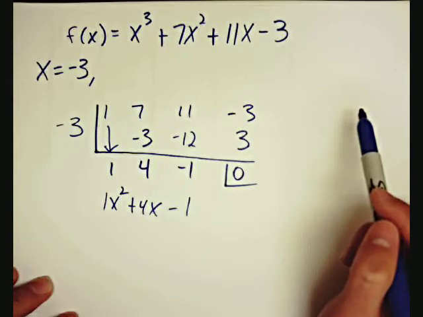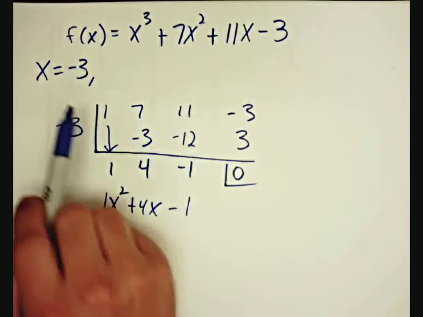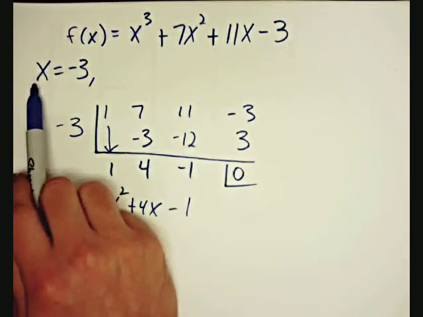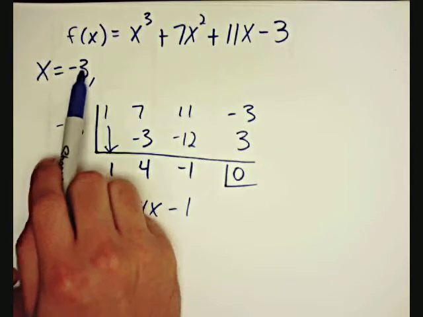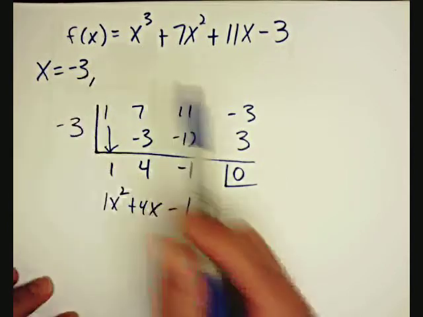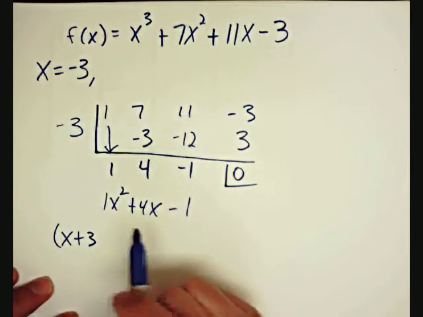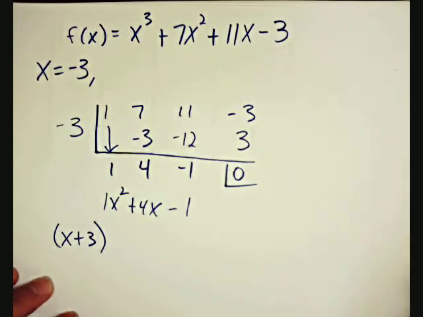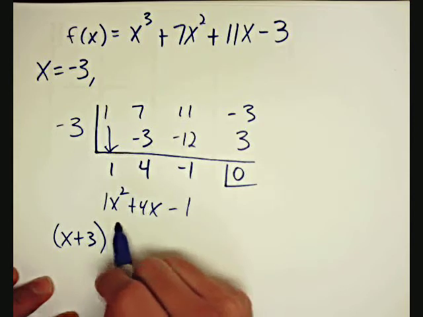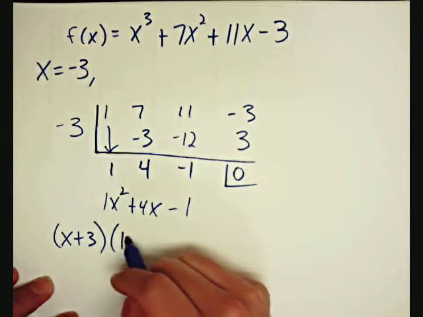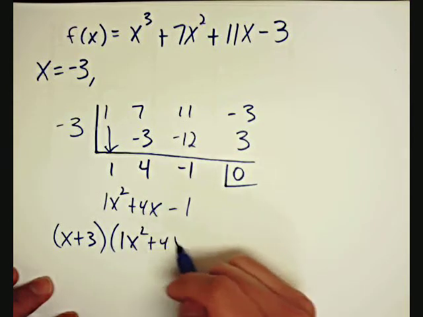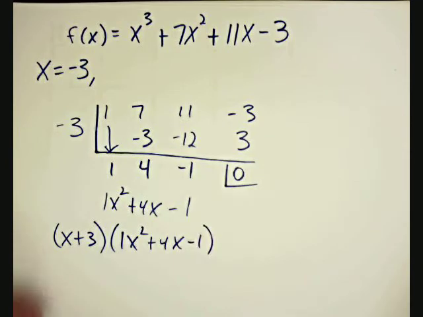So through synthetic division, what you have figured out is if x equals -3, if you add 3 to cancel -3, you have figured out that x plus 3 is a factor, and 1x squared plus 4x minus 1 is also a factor.